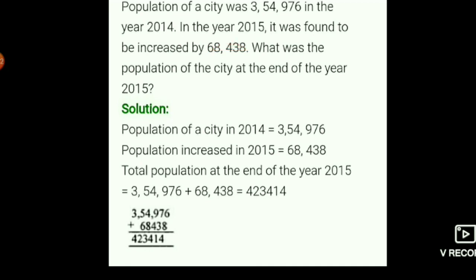Now, the total population at the end of the year 2015 will be the sum of the population in 2014 plus the increase in population in 2015, that is equals to 3,54,976 plus 68,438, which is equals to 4,23,414, which is the required answer.